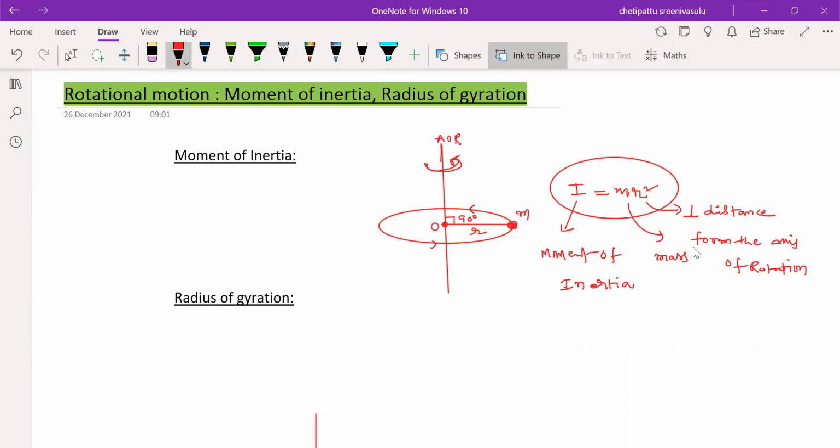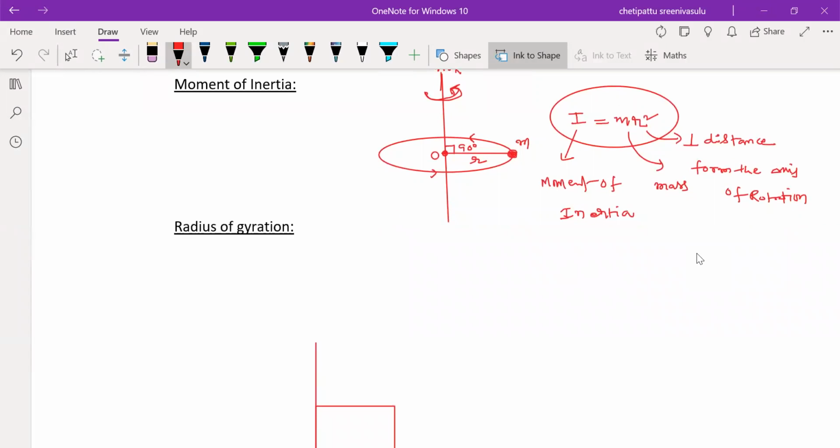Next, what is meant by radius of gyration? Same as moment of inertia, here I equals mk square, where k is called the radius of gyration.